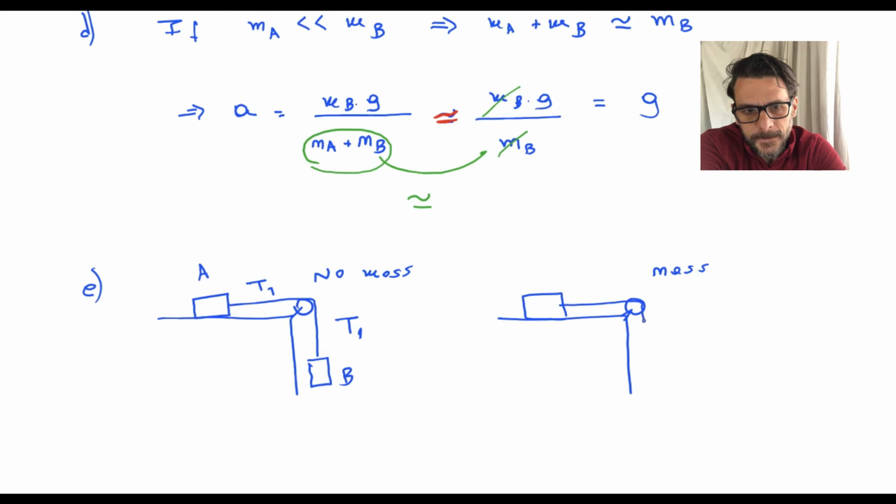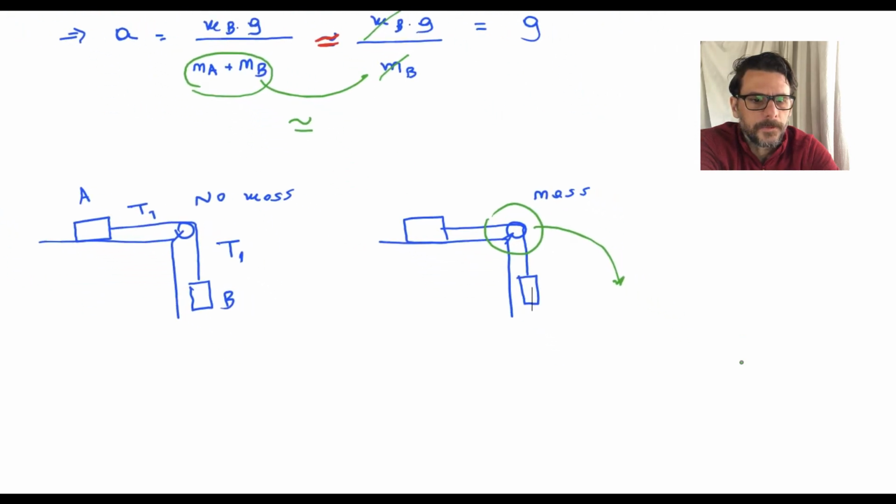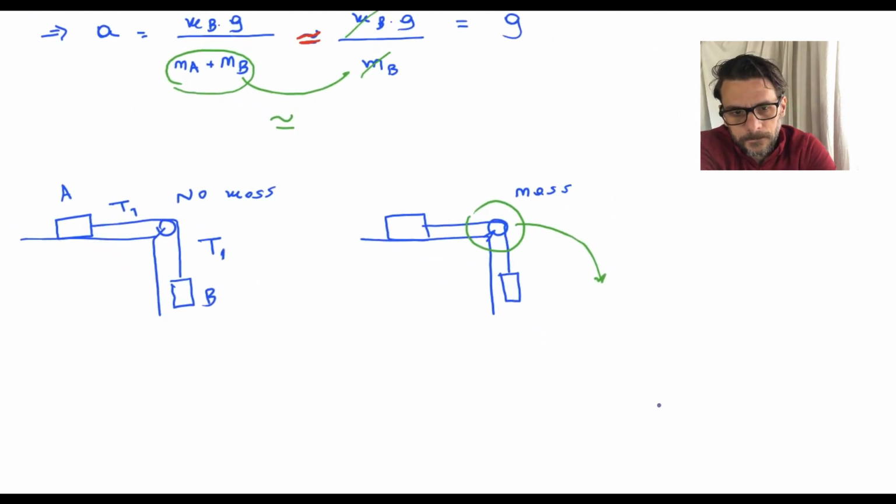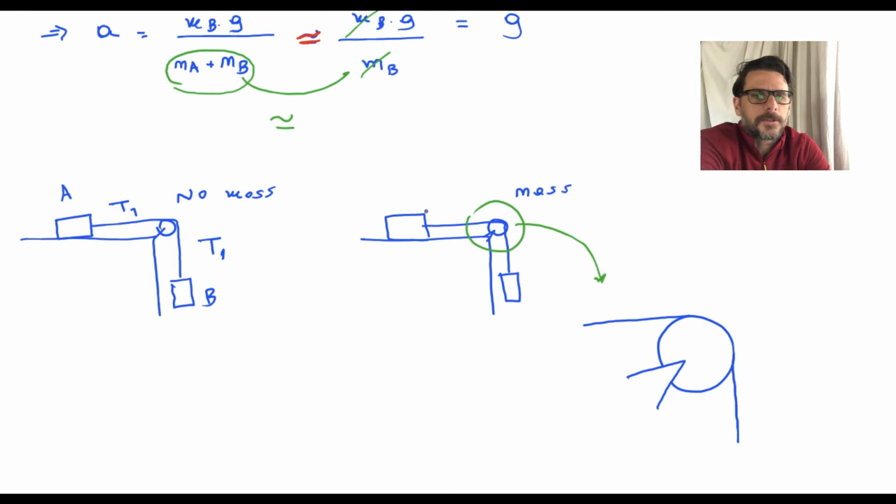If there is mass placed upon the pulley, then the tension that is acting upwards on B is not the same as the tension acting rightwards on A. This is because this is a pulley, string going in one direction, string going in a different direction.